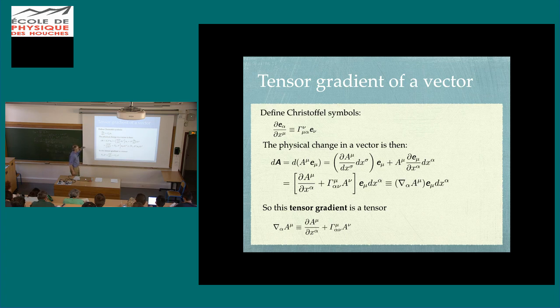So if you think about the physical change in the vector, I'm saying I'm going to walk a little distance and ask, what's the true change in this basis vector, imagined by calculating it in the background two-dimensional flat space that we're thinking in? So I wrote what the definition of that vector is in the coordinate basis. And what did I do here?